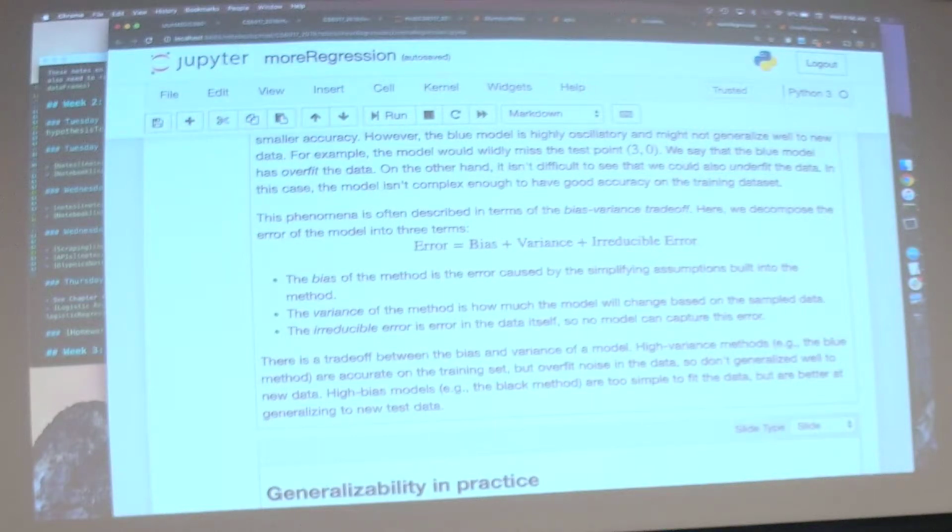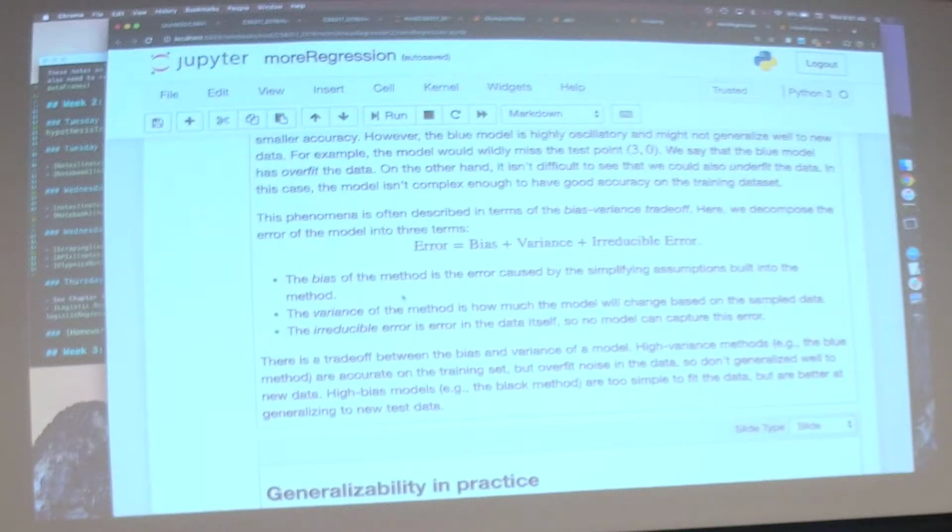There are kind of 3 things we're trying to trade off. We have bias, which is basically what is representable by our model. If we're just trying to fit a line, and our data happens to be a parabolic thing, we're going to have errors because our model can't represent that.